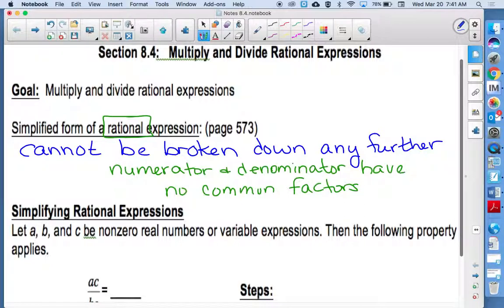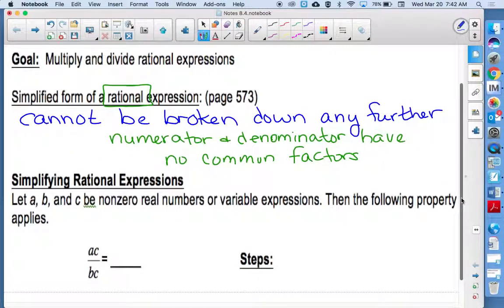So when we say something is in simplified form, yes, it can't be broken down any further. But since a rational expression is a fraction, our numerator and denominator don't have anything in common. We've broken it down as far as it can go because the top doesn't have anything in common with the bottom.